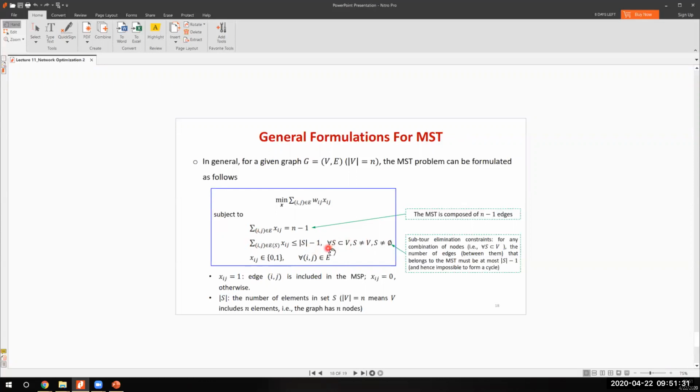And here, be careful that this is for any S in V, meaning that you have to explicitly list all constraints. So totally it looks like I have only one constraint, but actually this constraint includes how many? It includes 2 to the power of n minus 2 constraints.